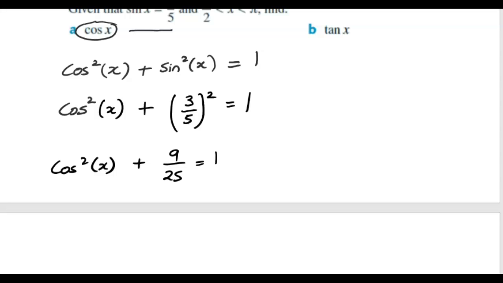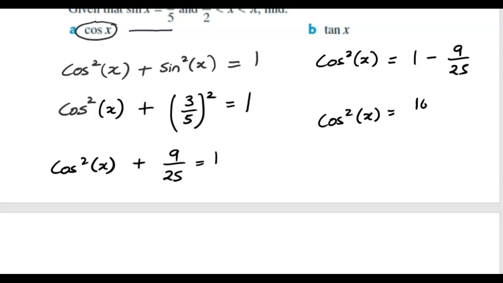Going forward, cos squared x equals 1 minus 9 on 25. Simplifying that fraction, cos squared x is equal to 16 over 25. To find the value for cos x, I've got to take a square root on both sides. So cos x is going to be equal to plus or minus 4 over 5.